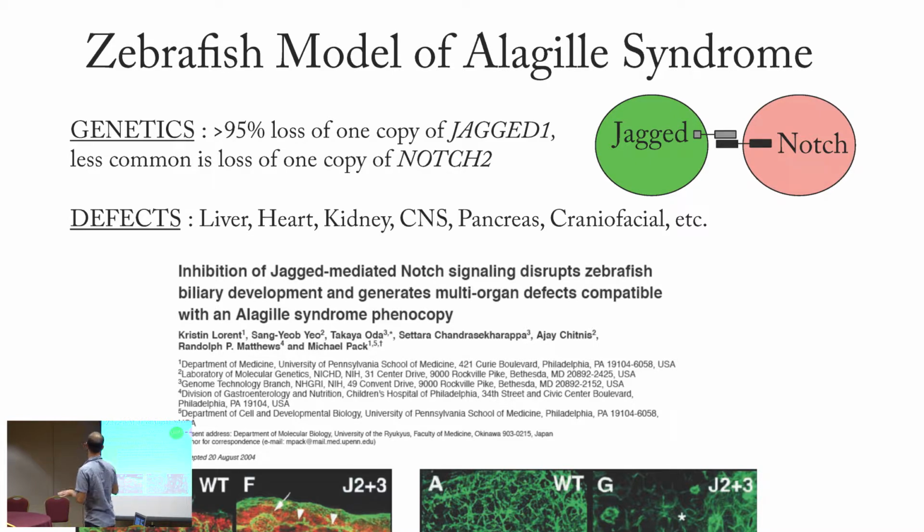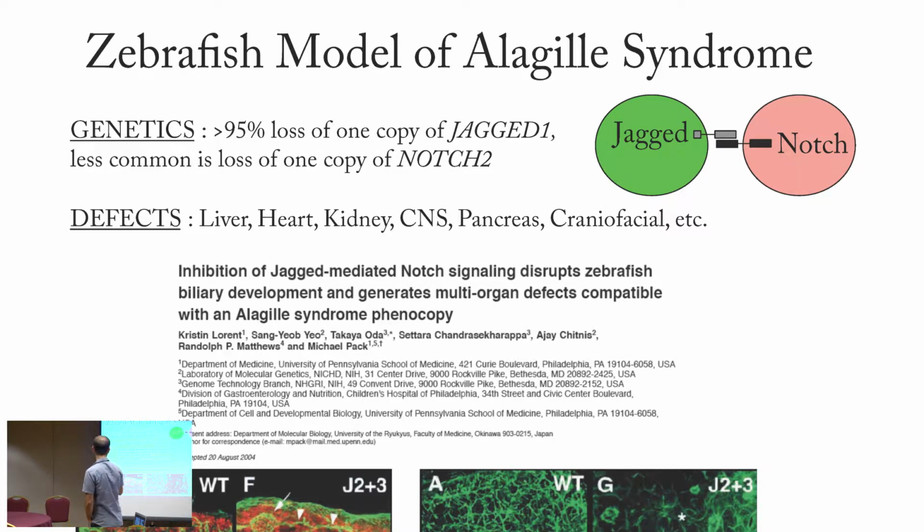So he used a trick where he was able to essentially use a small piece of molecule that looks like DNA that inhibits certain genes. And by doing this, he was able to get rid of several of these jagged genes or notch genes.